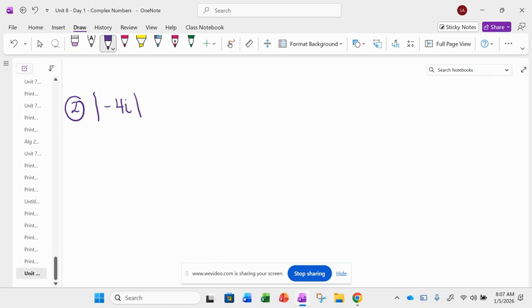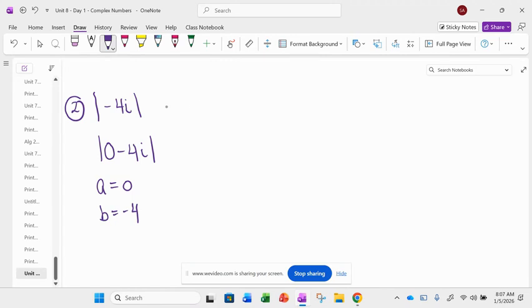That's our b, right? We're missing the a, so I'm going to write in 0 minus 4i. So my a is 0, my b is negative 4, not i. The i is not part of the b, just the negative 4.